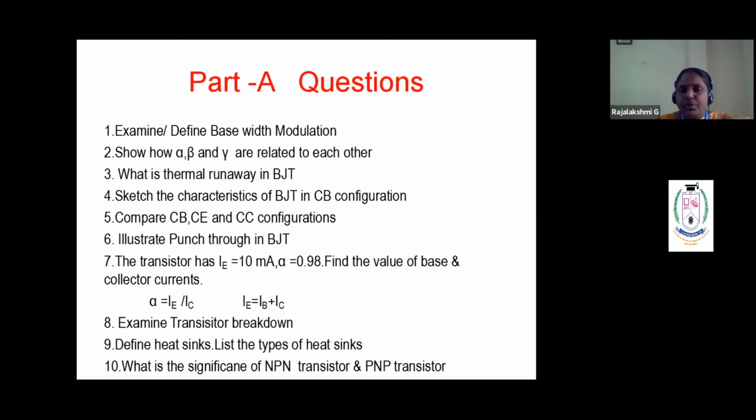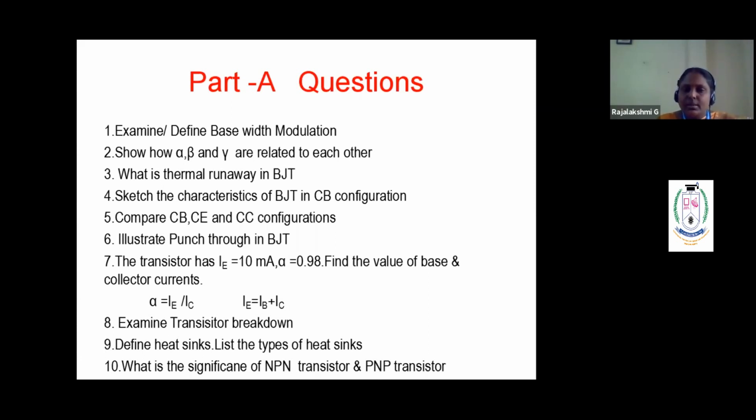For the input, common base, the voltage will be VEB and the current will be IE. In the same way, you also have to plot the output. Next is compare CB, CE and CC configurations. Next is illustrate punch through in BJT. That also I told you: when the breakdown occurs, the punch through will happen.